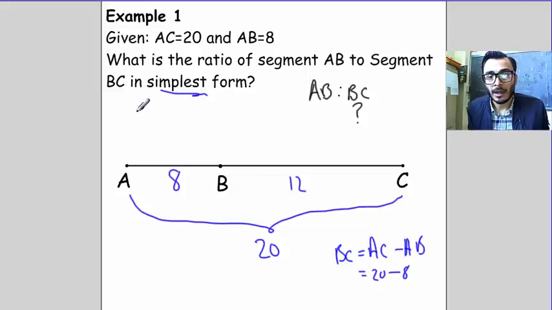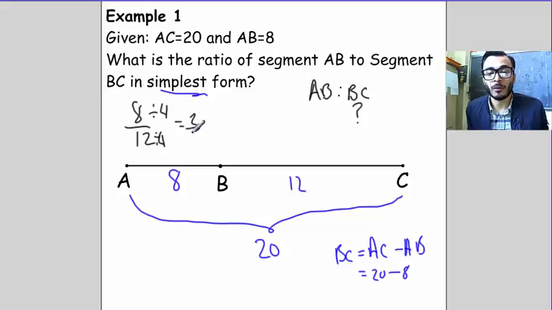So if we take an 8 to 12 relationship, or 8 over 12, what is 8 over 12 simplified to? Okay, so one way to do it is to just find the highest number that divides into these two, and then that would be the number 4. 8 divided by 4 is equal to 2. 12 divided by 4 is 3.